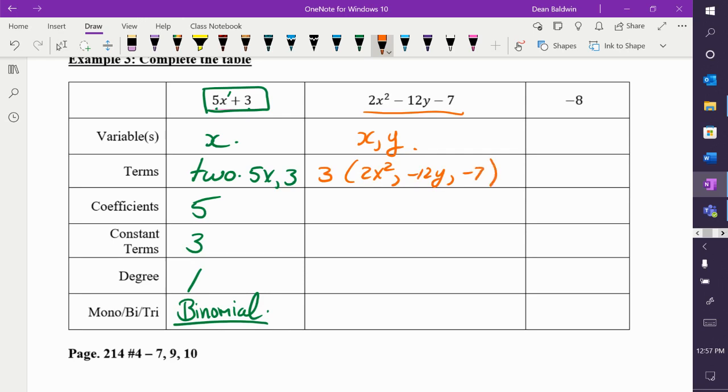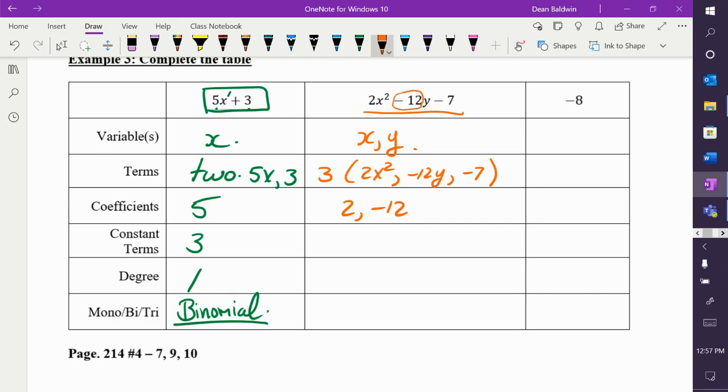She wrote them out separately. What are the coefficients? What numbers are in front of the letters? 2 and not 12, negative 12. You always take the sign that is in front of the number.